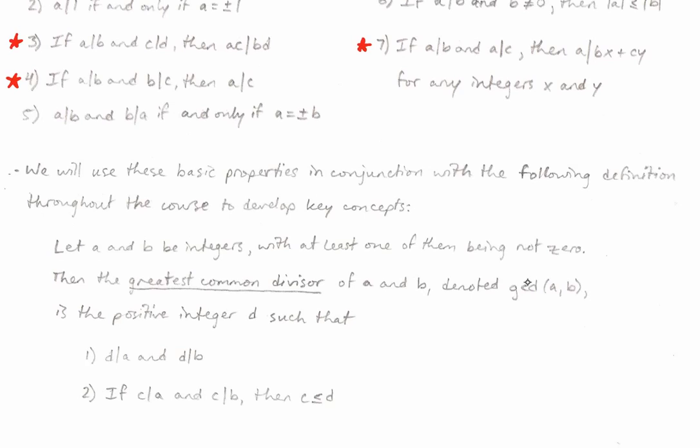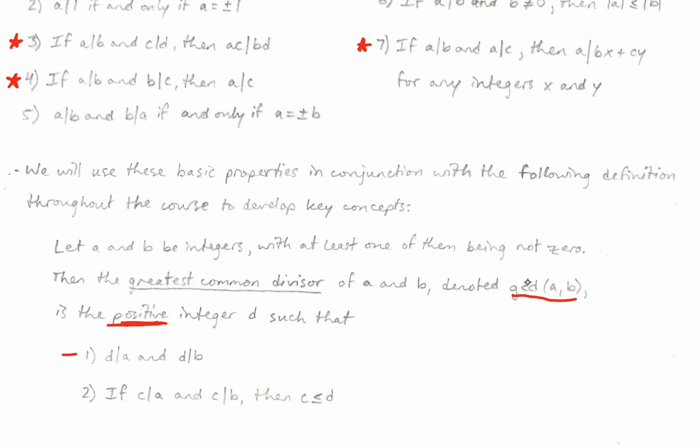Then the greatest common divisor of a and b, which we denote by GCD(a, b), is the positive integer, we stress the positive integer, d, such that 1, d divides a and d divides b, and 2, if c divides a and c divides b, then c is less than or equal to d.